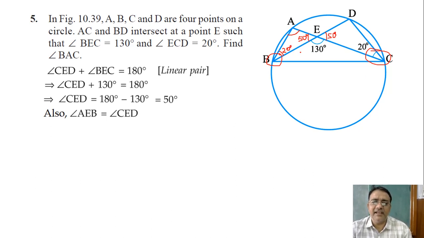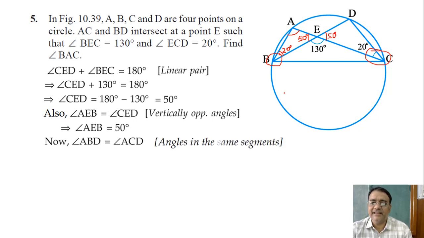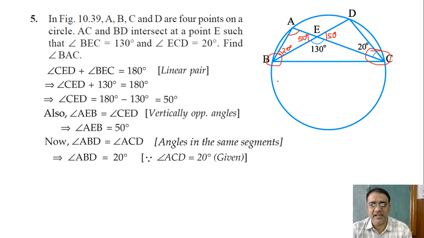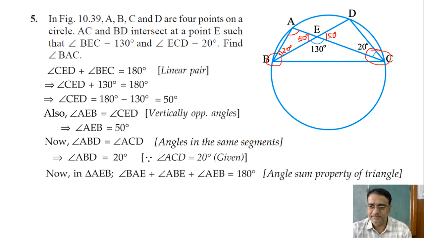Angle AEB is equal to CED, vertically opposite angles. So this angle is equal to 50 degrees, and these two angles are also equal. Angles in the same segment. So this angle is equal to 20 degrees. Okay. Now in this triangle, the sum of these three angles is equal to 180 degrees by using the angle sum property of triangle.